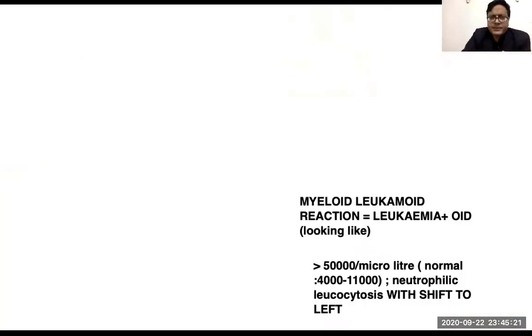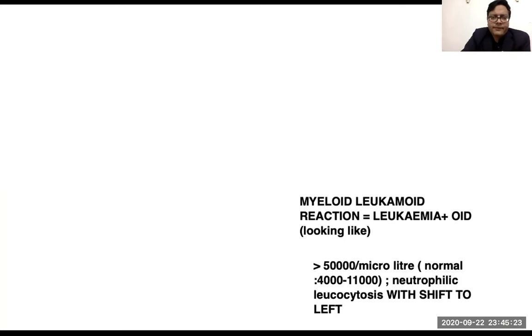For CML, sophisticated tests are available, like FISH, fluorescent in situ hybridization, or reverse transcriptase PCR. These tests can pinpoint the diagnosis of CML quite easily. So I think there is a plethora of tests possible to differentiate CML from leukemoid reaction. Let me summarize those things which can help to differentiate CML from leukemoid reactions for you.